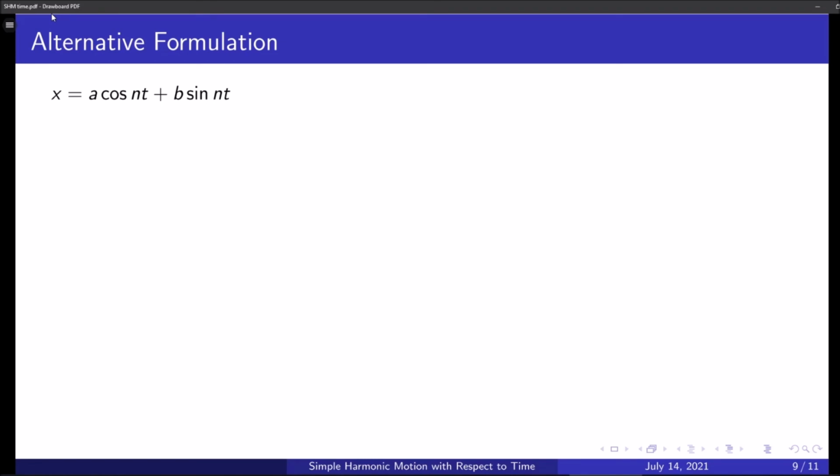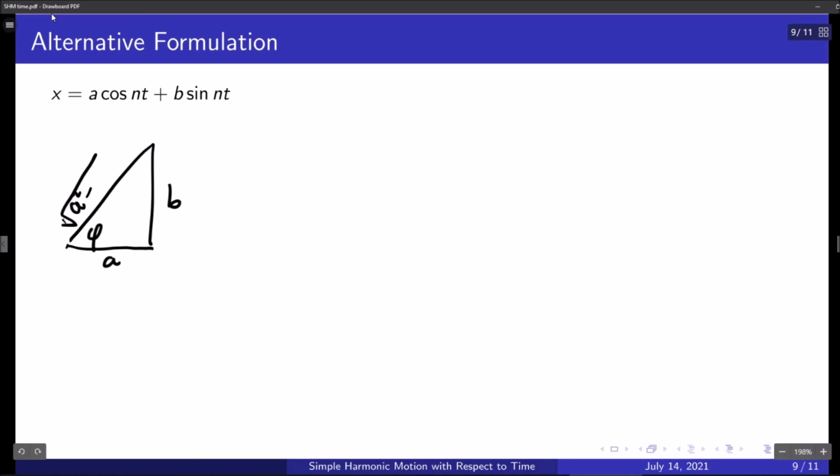Because look at these two constant terms, a and b here. Then we can imagine a triangle with sides a and b, and there's an angle phi here. Of course, this edge will be the square root of a squared plus b squared. Let's call it r.